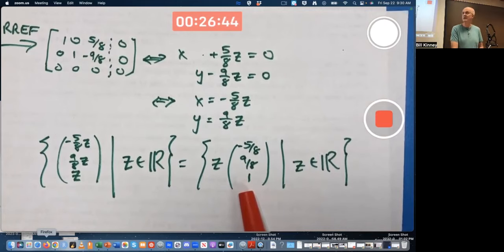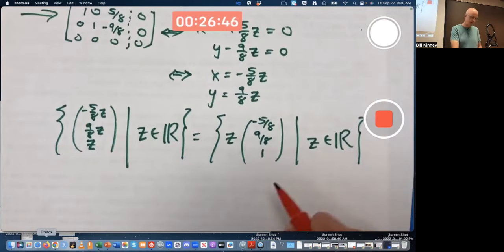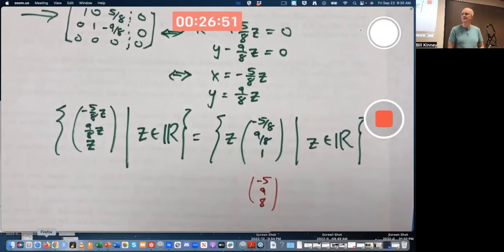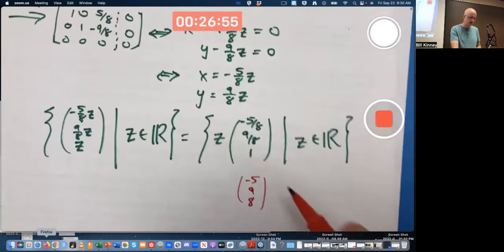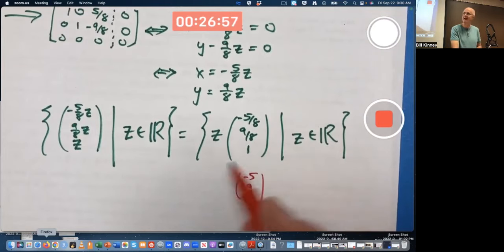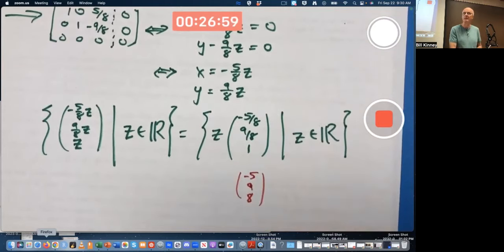Like maybe 8 would be a good idea. You could have gotten away with a negative 5, 9, 8 there instead, even though you see fractions up here, because all we're after are vectors that are parallel to this times the parameter. So this would have been okay as well in the end. Does that make sense?